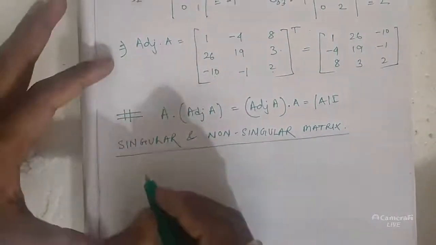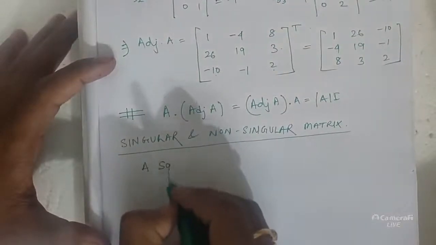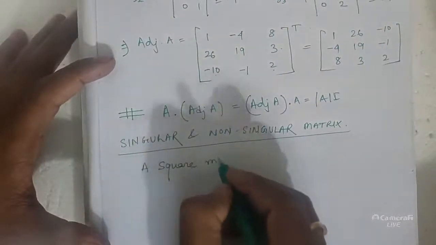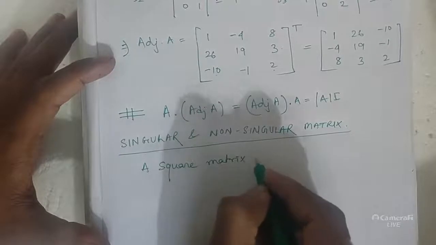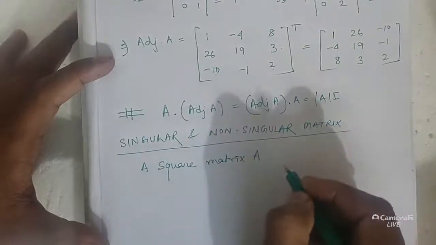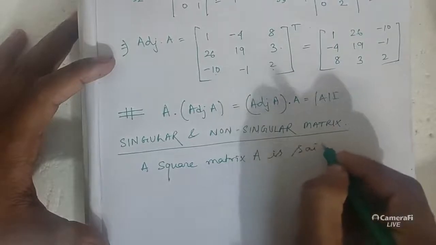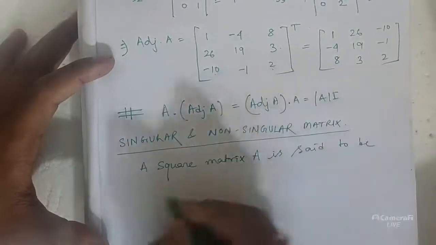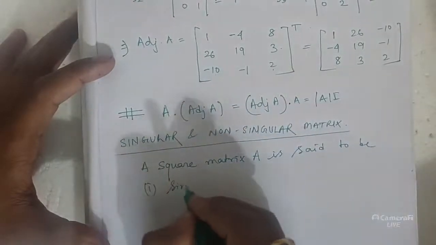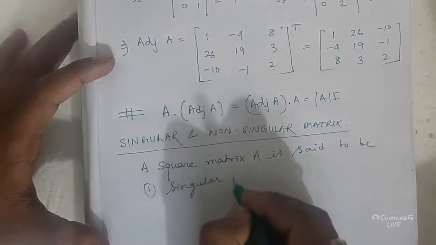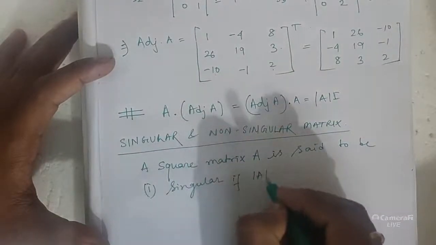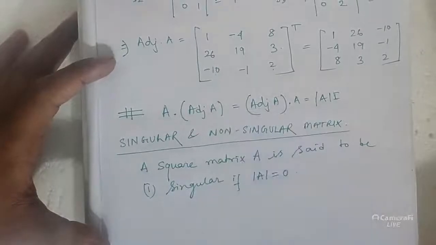A square matrix A is said to be singular if determinant of A is equal to 0.